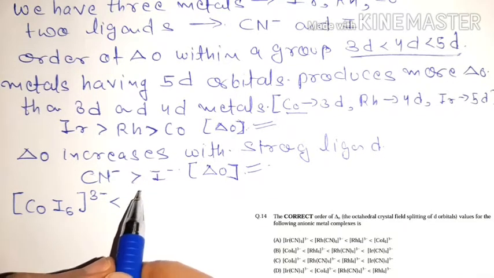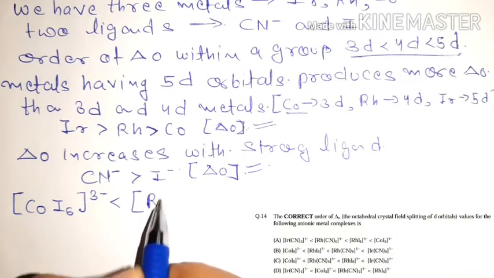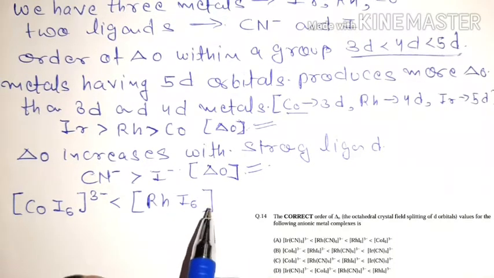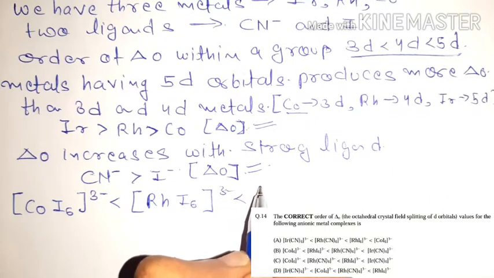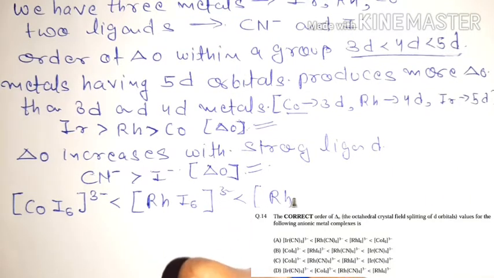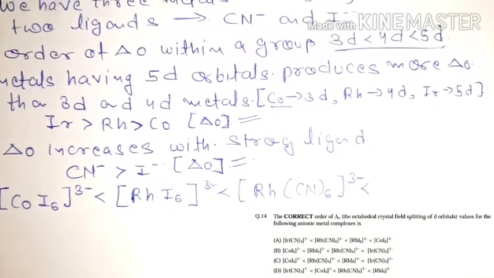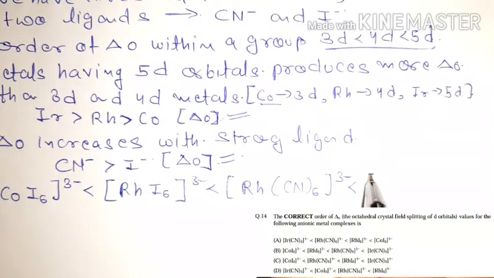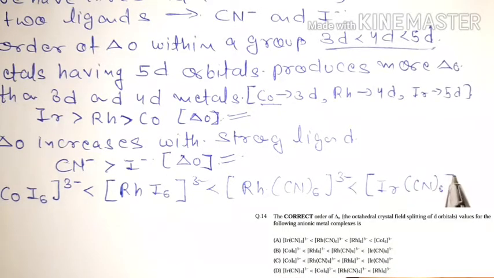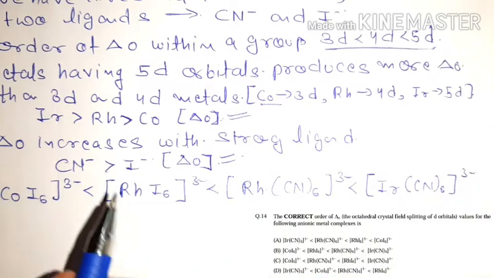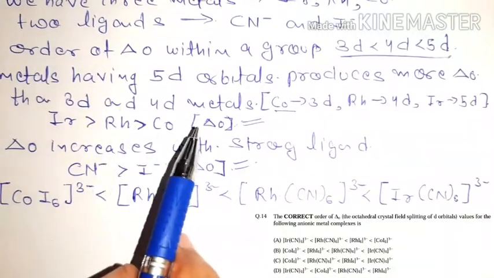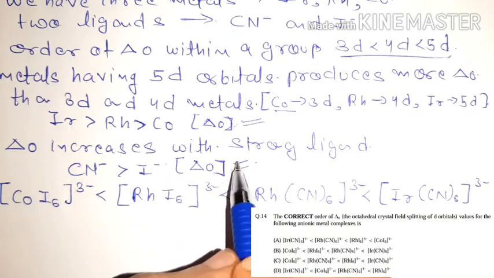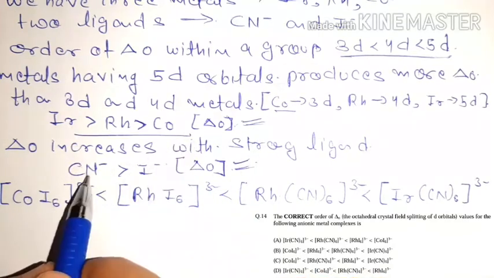So the delta O of [RhI6]3- is less than the delta O of [Rh(CN)6]3-. Then ultimately the highest value of delta O among these complexes is for [Ir(CN)6]3-, according to the given relationships between metals and delta O and ligands and delta O. You must know these relations. These are very important relations.